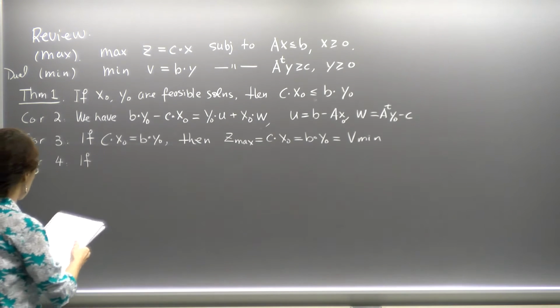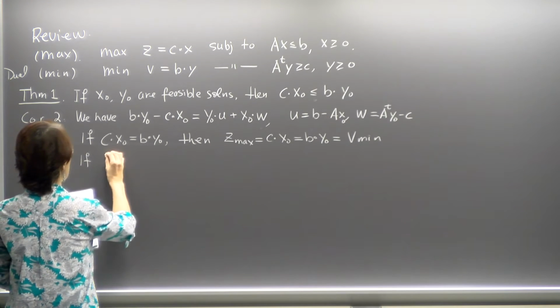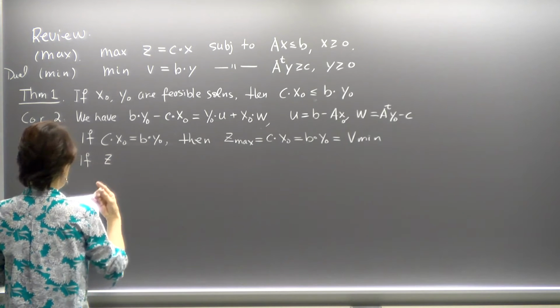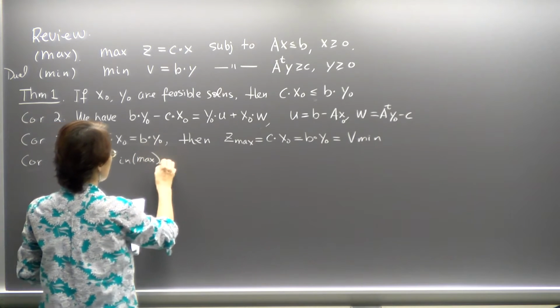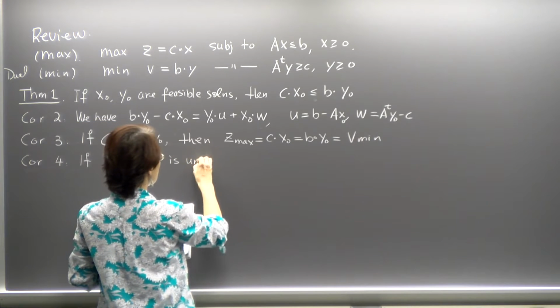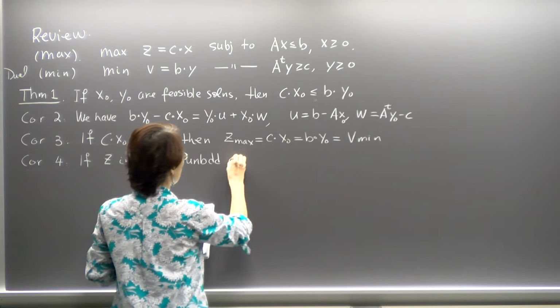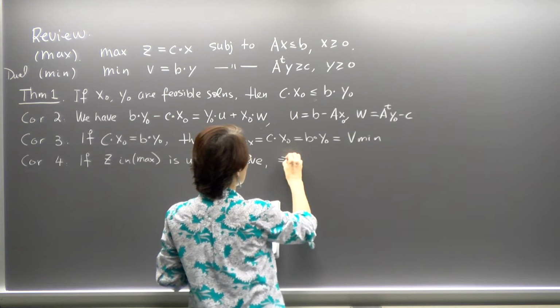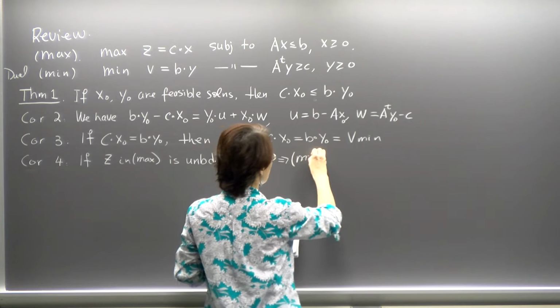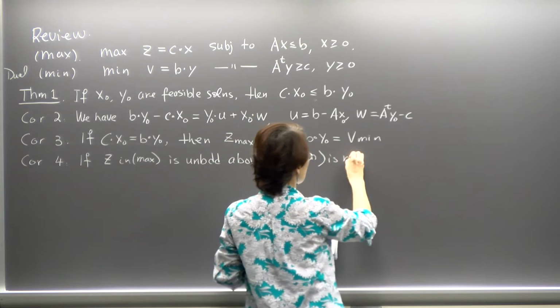It's a symmetric relation. So let me write out just one way. So if z in the max problem is unbounded above, you can show that the min problem is not feasible.